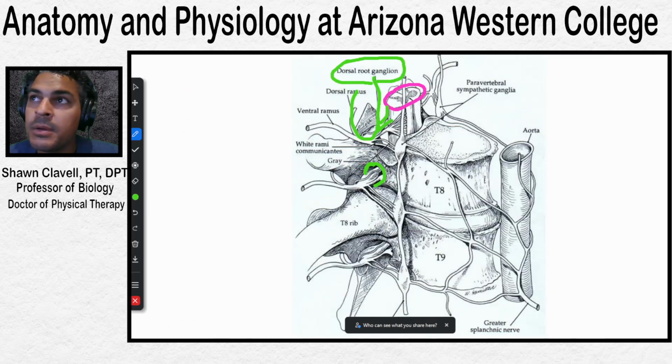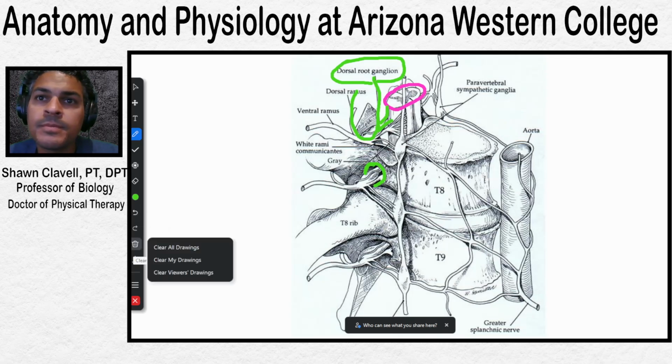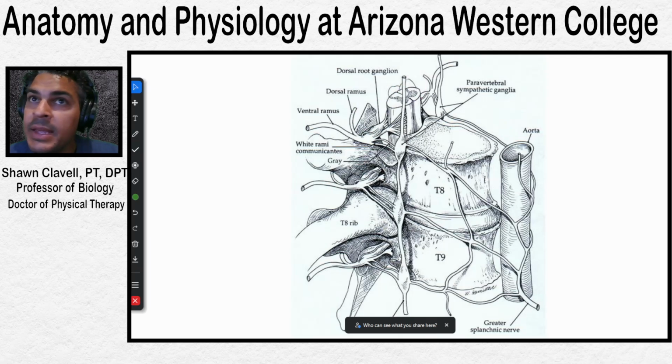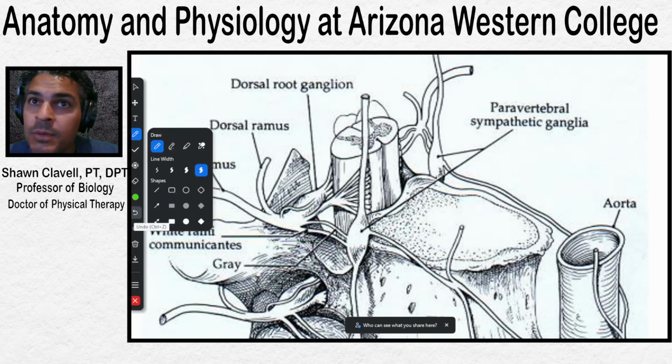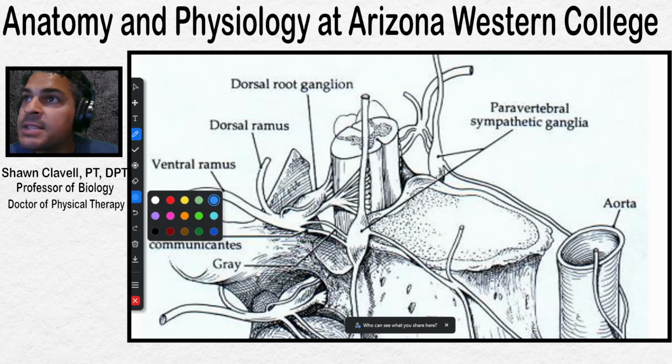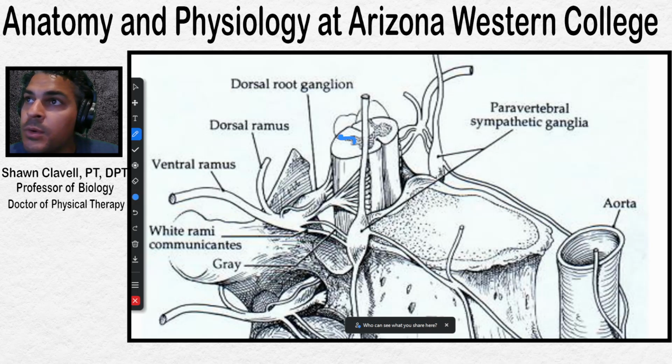Now you also have gray matter. Oh, let me go back here. You also have gray matter inside of the spinal cord itself, inside of the central nervous system. That would be right here. Let's draw. Okay, that's here, right? I'm just going to color the whole thing in blue. So that is the gray matter in the spinal cord. That's the nuclei.